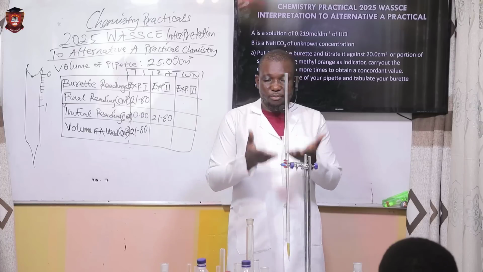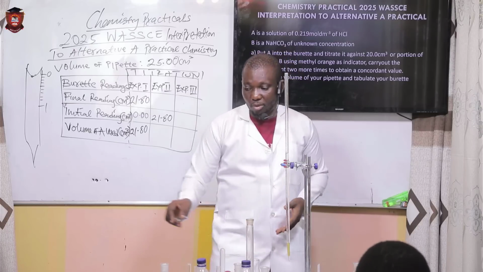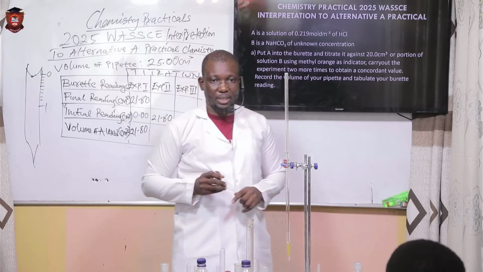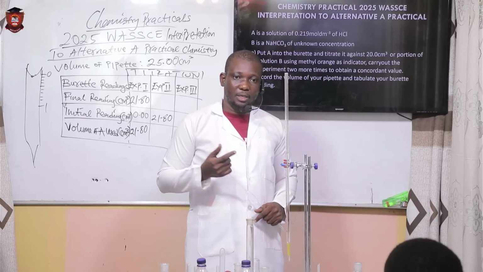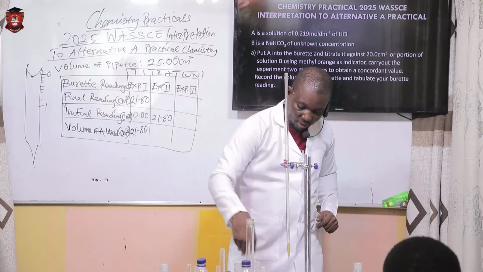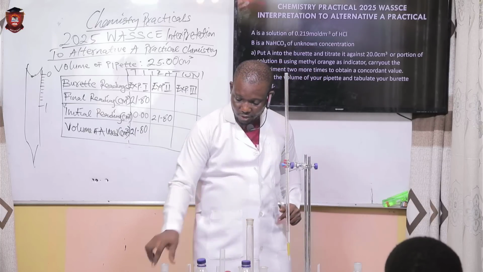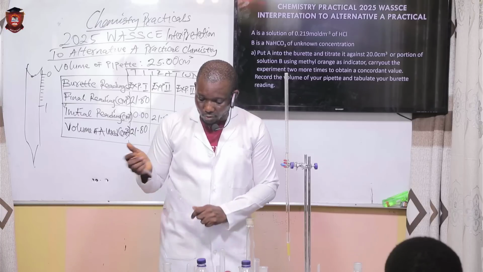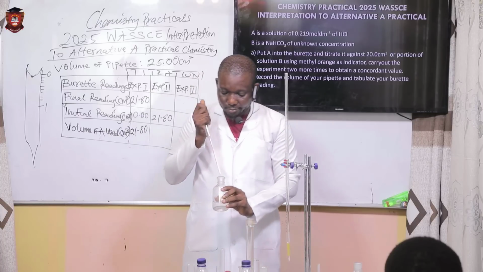So now that I already have my initial ready, the next is to measure the volume of the base again, just like what I did in the first experiment. I'll do it 2 more times. So I'm doing the second experiment, so I check to be very sure of what I'm pipetting, so I will not pipette a wrong reagent.